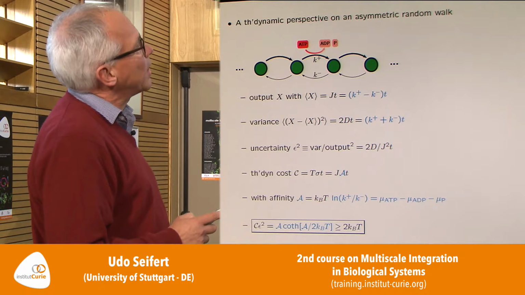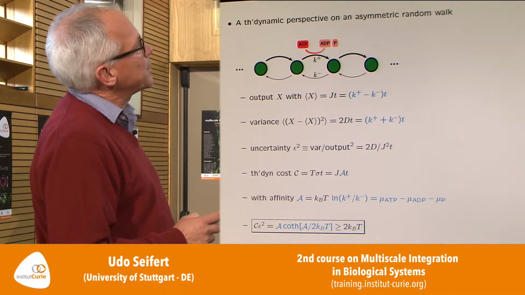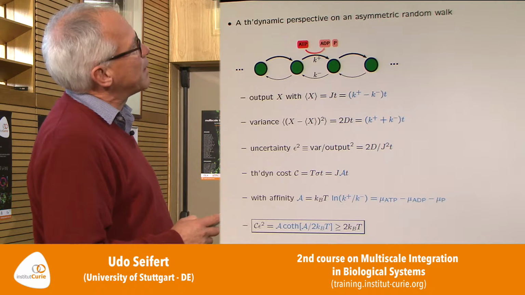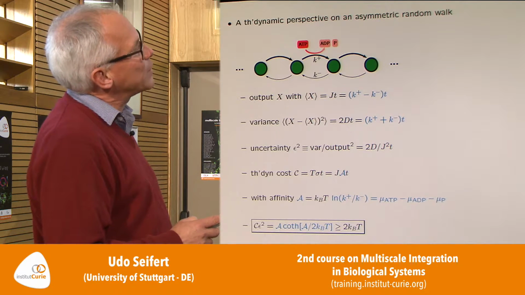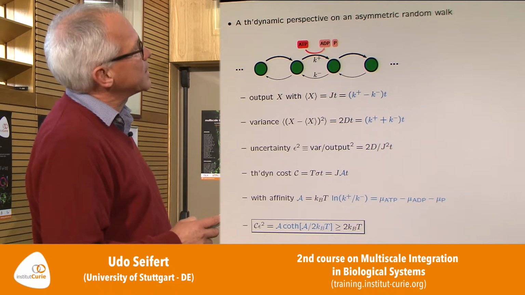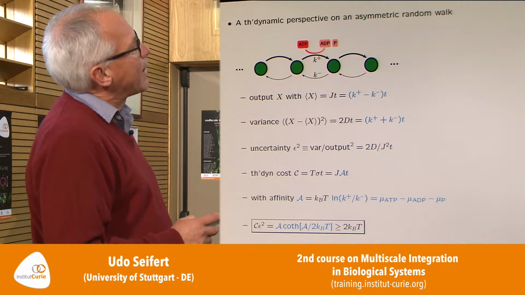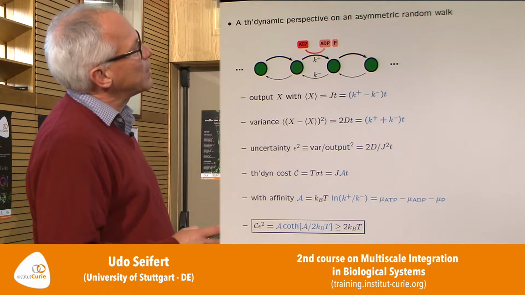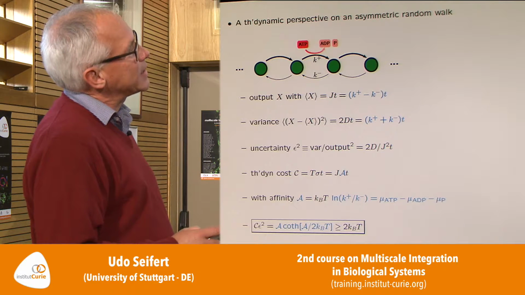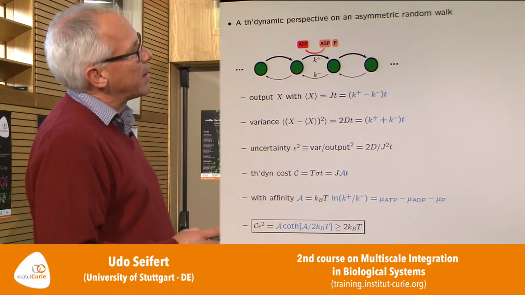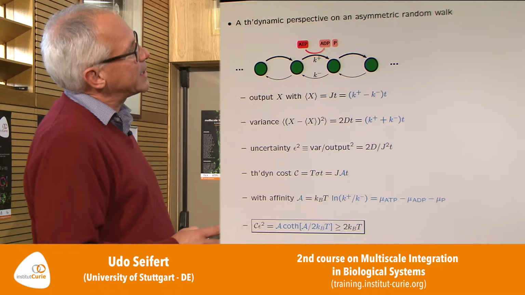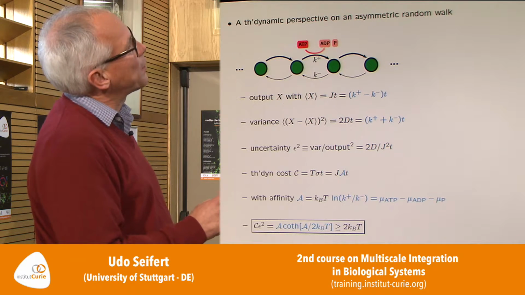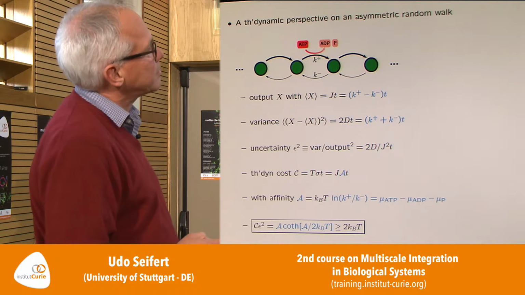Generally speaking, the cost is the temperature times the entropy production times the time, or the velocity, times the driving force, which is called affinity, times the time. So what is this affinity? This affinity is given by the log ratio of the rates, and if you work it out, it's just, again, the delta mu of that hydrolysis step. You have to provide the ATP at high chemical potential for the whole thing to run to the right.